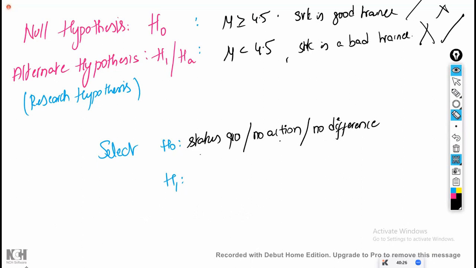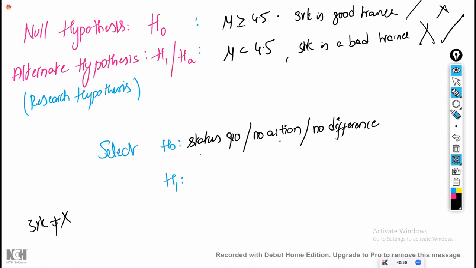If you are not comparing between two things, only one, for example SRK only, you are not comparing SRK with another trainer. If you compare SRK with one more trainer, X, the null hypothesis says there is no difference. All the data science trainers are equal. He is one data science trainer, he is one more data science trainer. No difference between them.